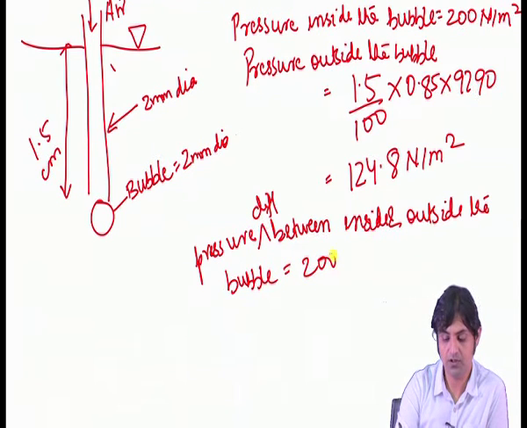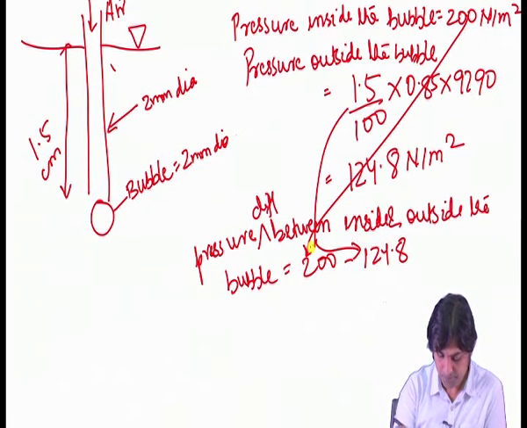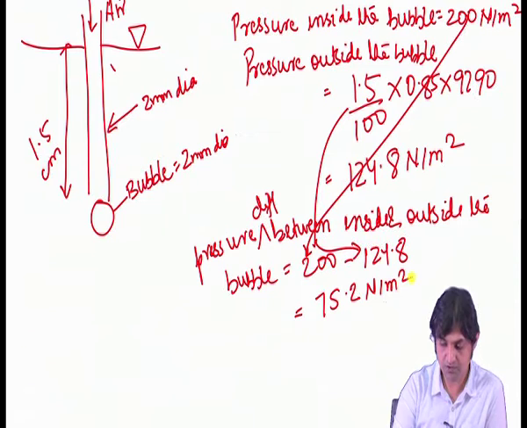It is 200 minus 124.8. All right, and this pressure difference comes out to be 75.2 Newton per meter square.